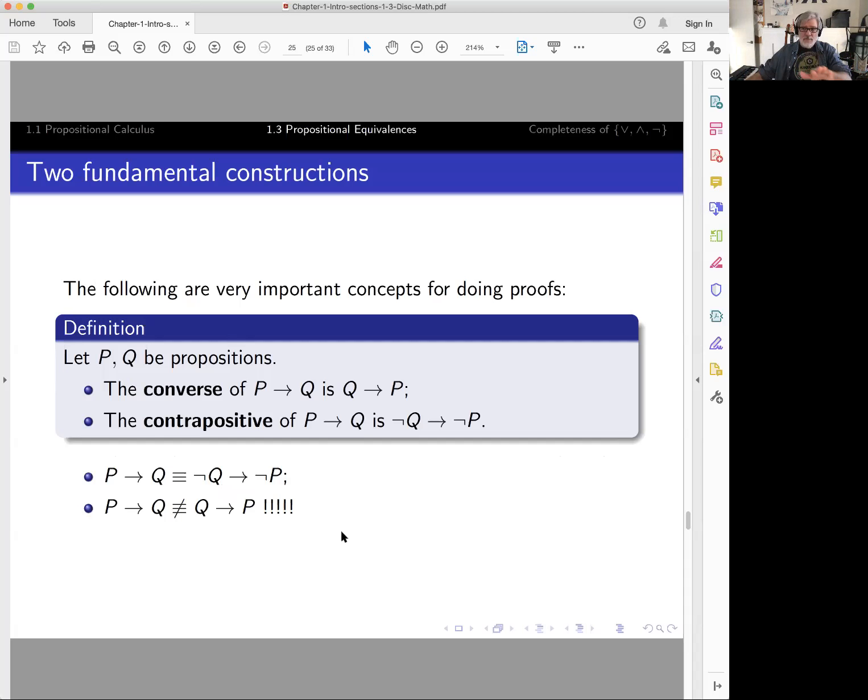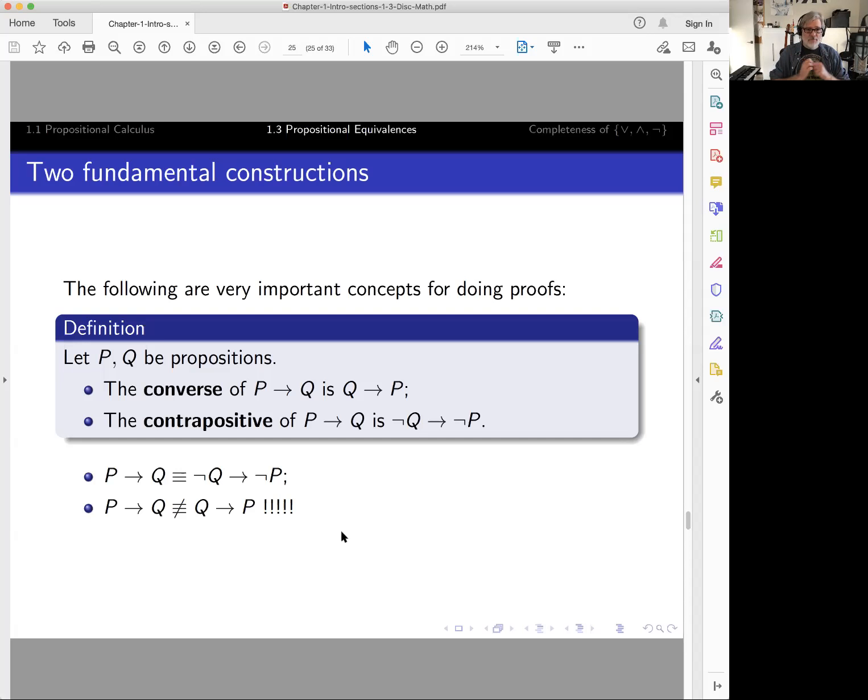So this is something that is extremely useful, and it's everyday stuff. When you're doing proofs, you're talking about the converse and contrapositive of a conditional statement. So here's my definition. These are names for special kinds of propositions.